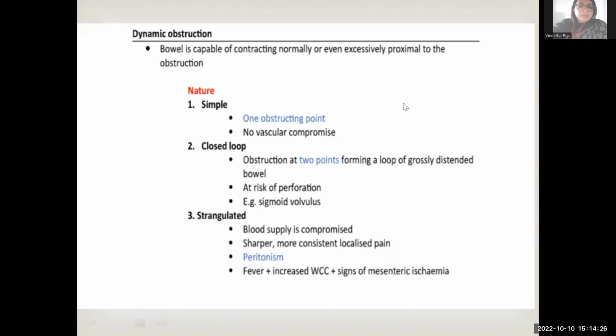There has to be some cause in the abdomen which is actually obstructing that intestine, right? So what can be the different causes? Any ideas? We were saying about something inside the lumen or something on top of the intestine, something sitting in the wall of the intestine and going inside. So what can it be?